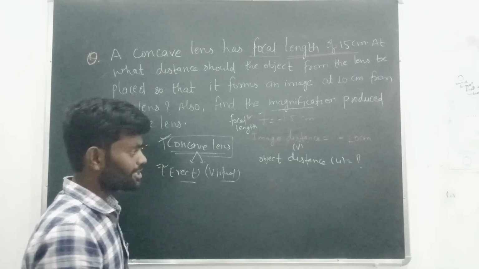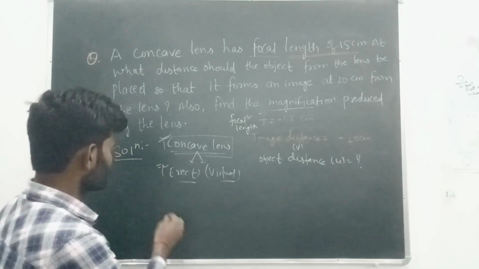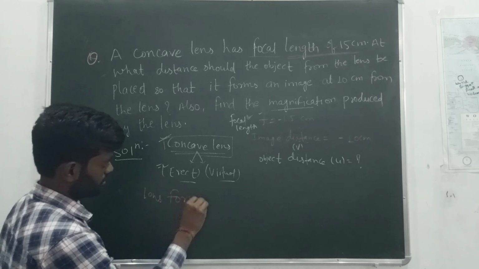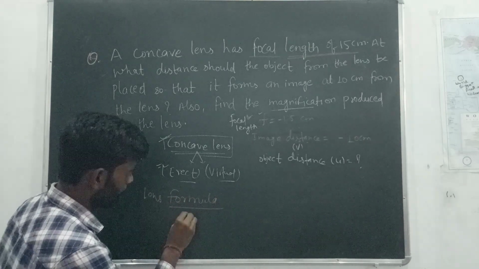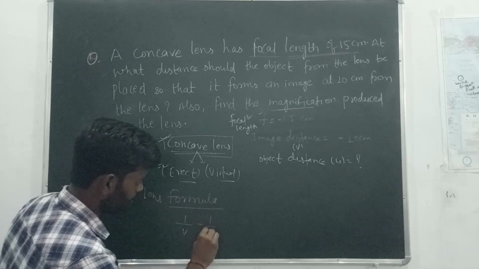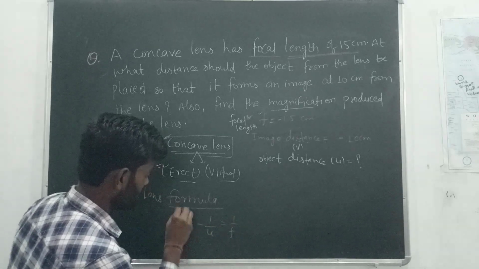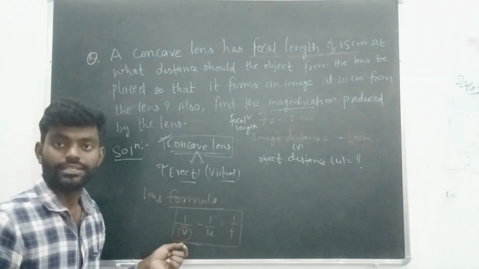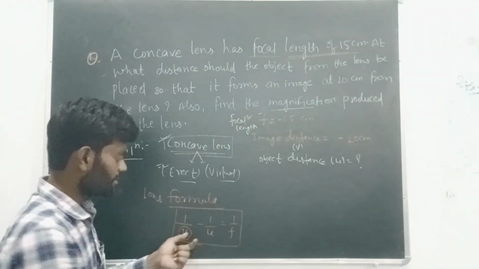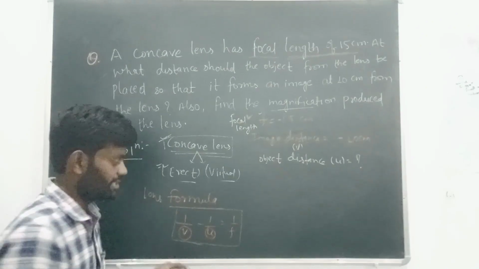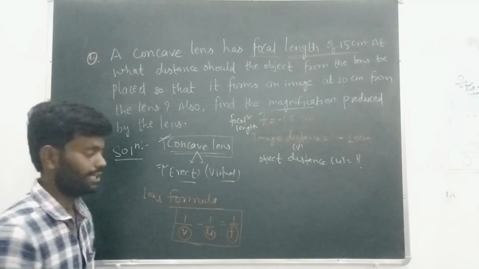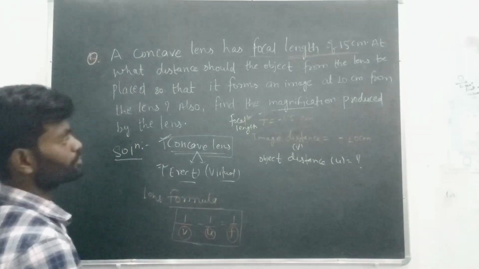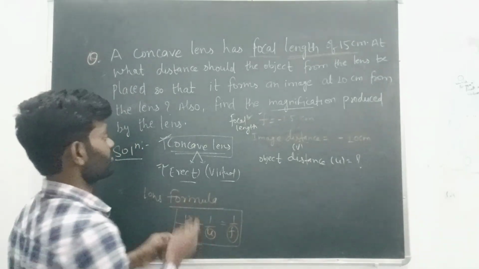As we know, the lens formula is 1 by v minus 1 by u equal to 1 by f, where v is the image distance, u is the object distance, and f is the focal length.